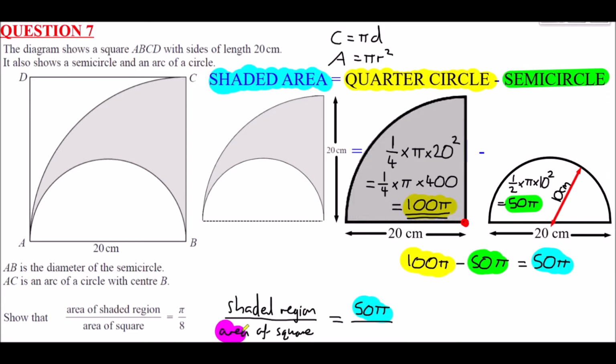So that's actually, luckily, probably the easiest part. So we're told the length of this square from A to B is 20. So the height will be 20. Remember, all sides of a square are equal. So the area of the square is just going to be 20 times 20, which is 400 cm squared.